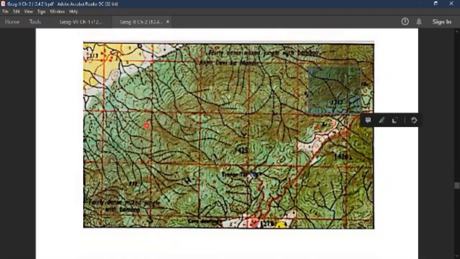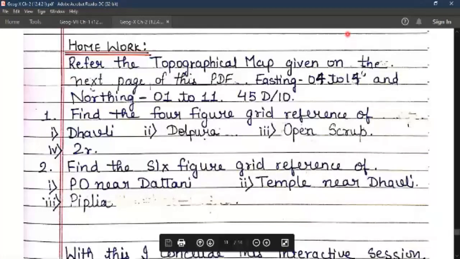Hence, this represents a cliff. They were merging here. This basically shows cliffs on a topo sheet. So this is all about the representation of land features on the topographical map.